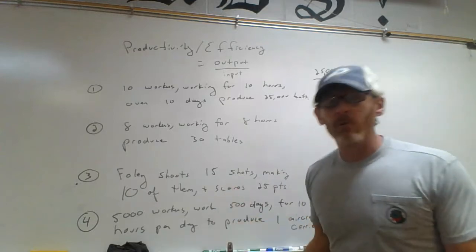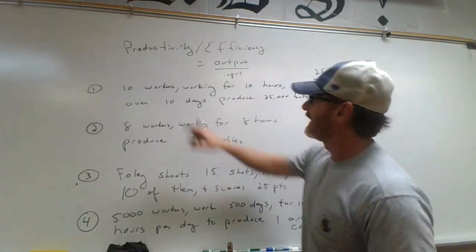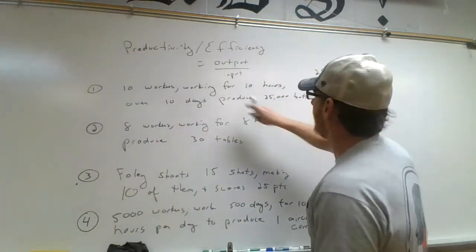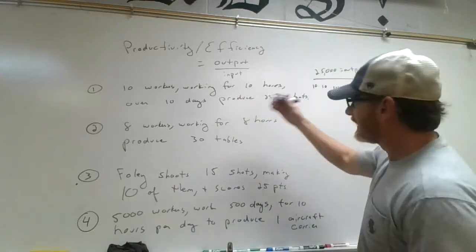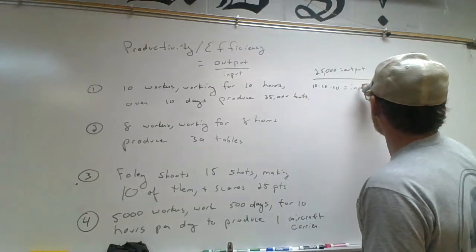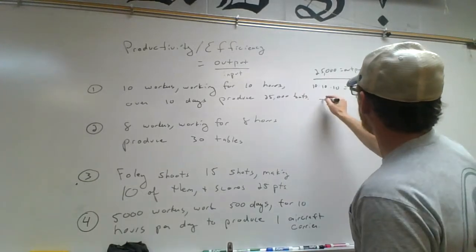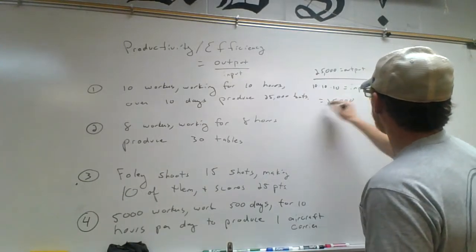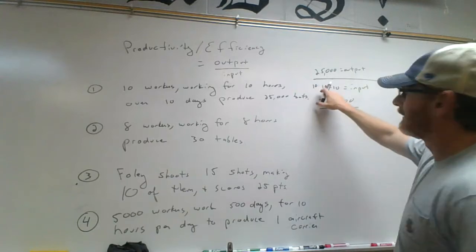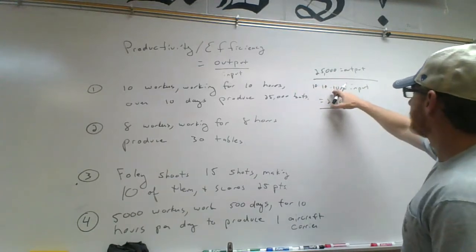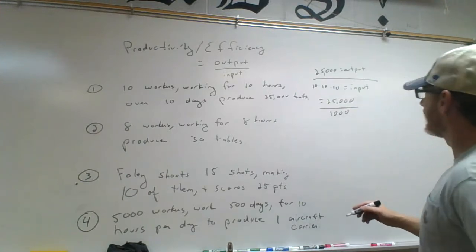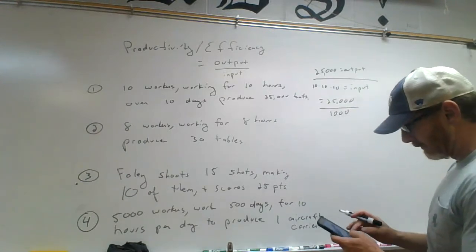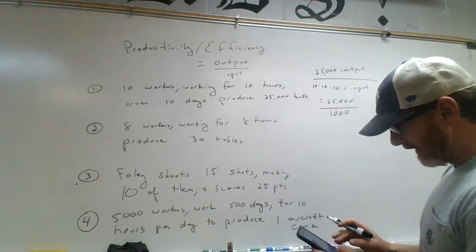Well, how many hours were put into it? Well, it's 10 workers working 10 hours a day times 10 days. That is our input. So essentially, it's 25,000 divided by 10 times 10 is 100 times 10 is 1,000. So in this case, just double check, 25,000 divided by 1,000.